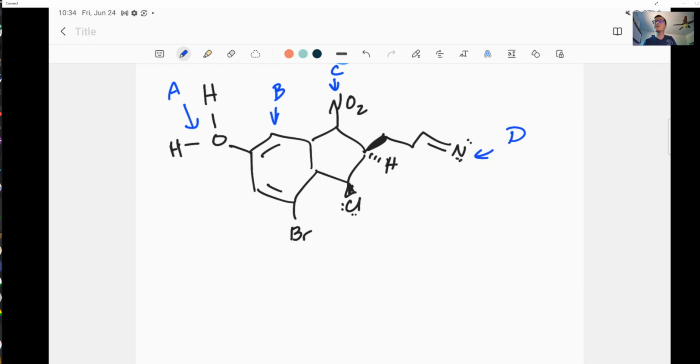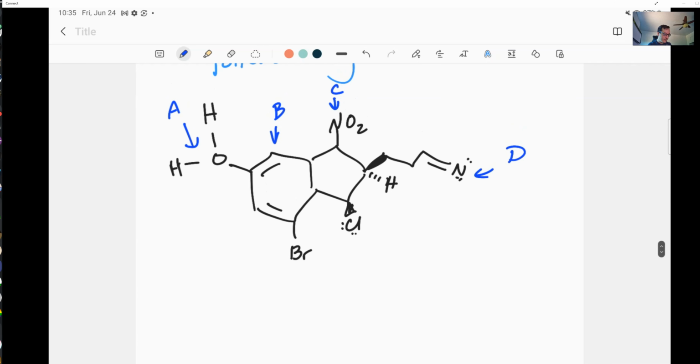So the first question is total number of sigma bonds. It's kind of hard to have us all go through this together, but sigma bonds, of course, are just single bonds, right? And anything that has a double bond also has one sigma bond. It's got one sigma and one pi.